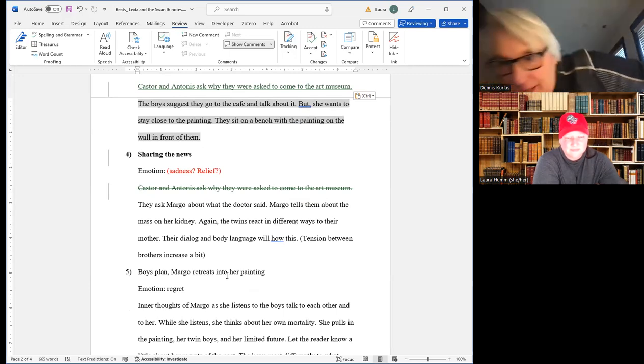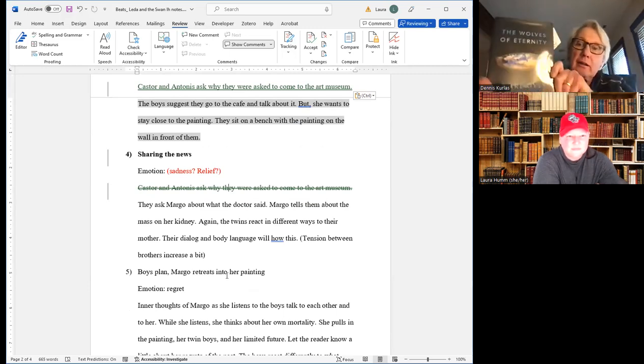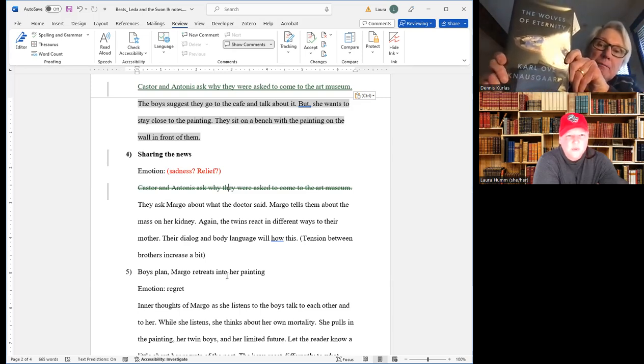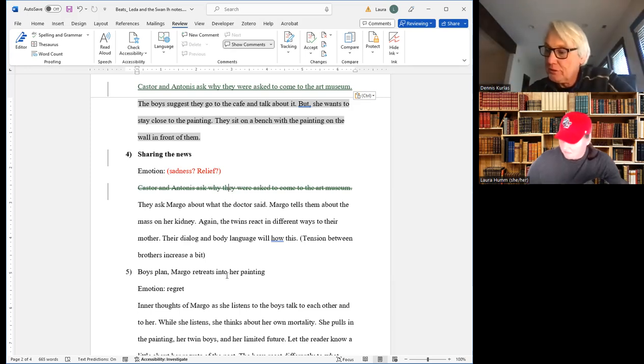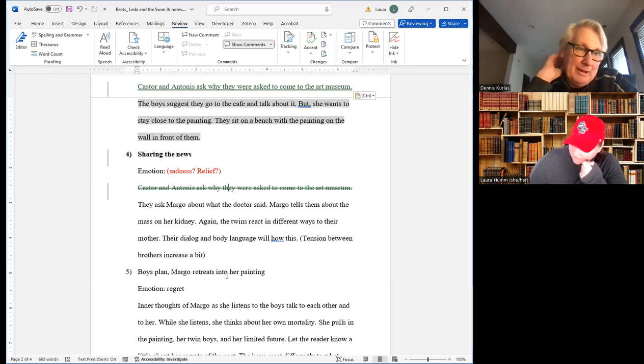In this book I'm reading now, have you ever heard of this guy, Knausgård? Norwegian writer. He's won all kinds of awards. This is his latest one, The Wolves of Eternity, and one of the characters has a really bad cancer. So a mass on a kidney's not enough.